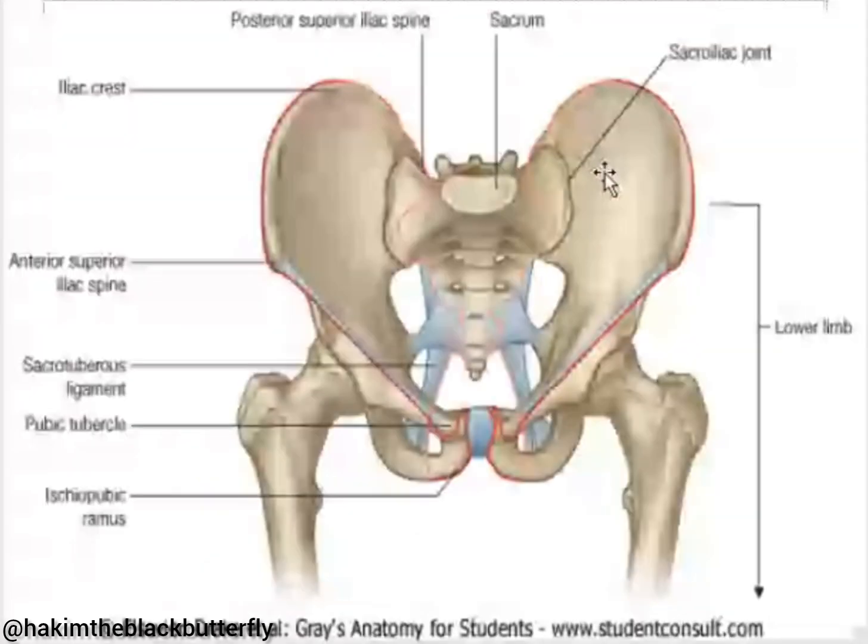The gross anatomy of the osteology of the lower limb, I hope you are doing it because it is very key to your understanding of this musculoskeletal anatomy. But to remind you, let me show you some of the important ligaments of the pelvic basin.